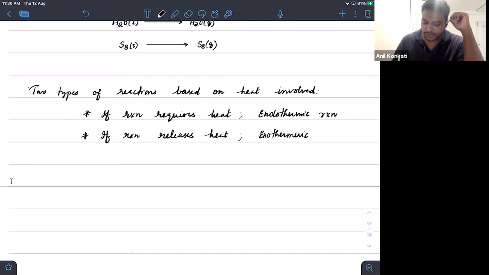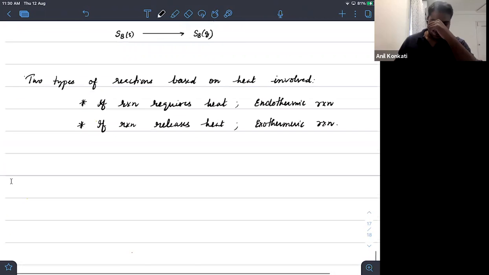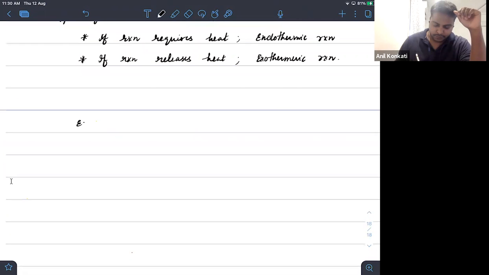It's an exothermic reaction. So किसी reaction में से अगर heat निकल रहा है, so we say it is an exothermic reaction. अगर किसी reaction में heat utilize हो रहा है, it is absorbing, then we say it is an endothermic reaction. Okay. So for example, if you look at this, H2O liquid is converting into H2O gas.